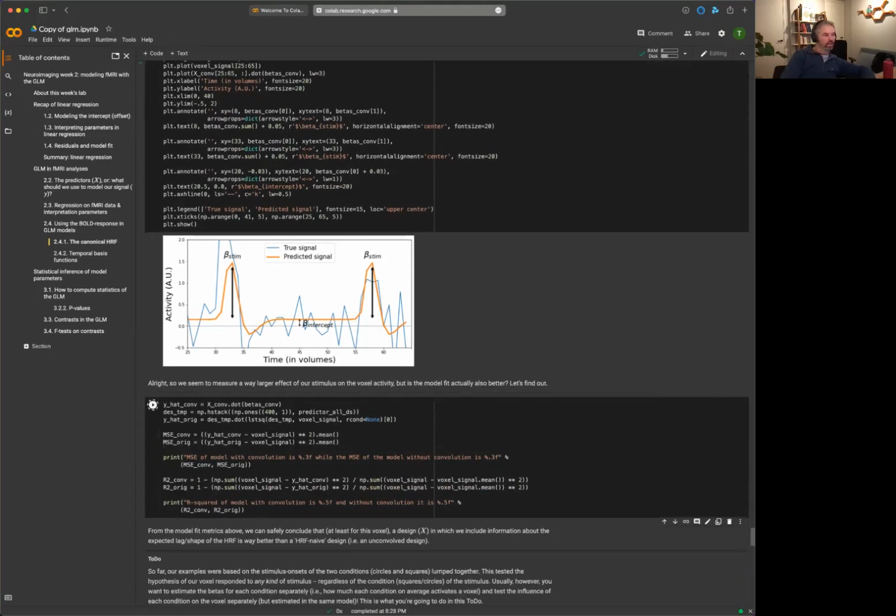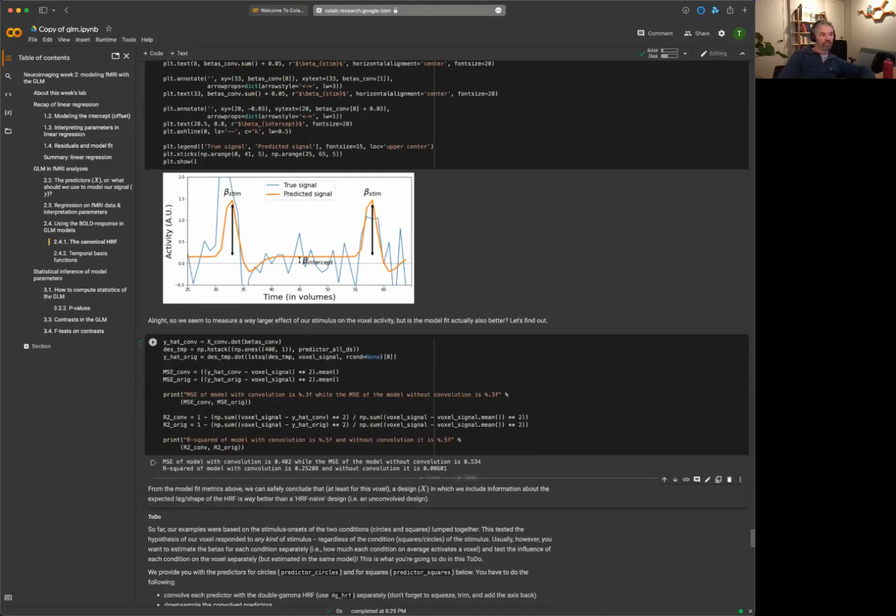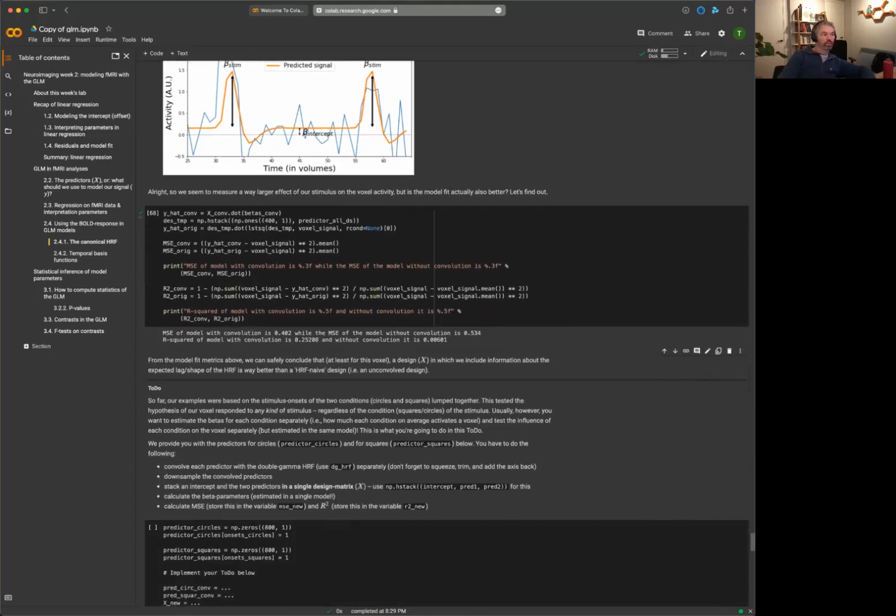Like I already said, we also see this increase in the statistics that we calculate, the mean squared error and the R squared. That final R squared goes from less than 1% to almost 25%, which is pretty okay.